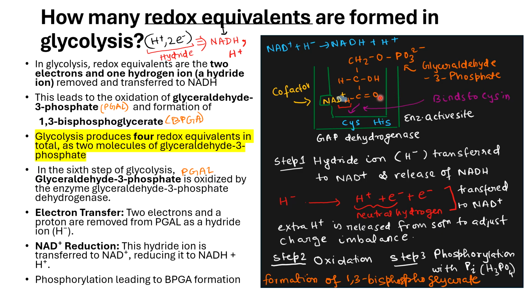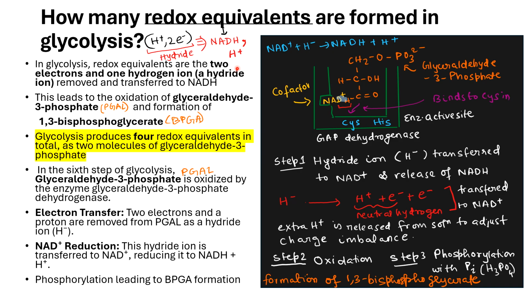So what is a hydride ion? Let us see. Hydride ion means when a proton takes up two electrons, it acquires an extra negative charge and becomes H minus. So here the proton and the two electrons, or two e minus, can be referred to as redox equivalents.